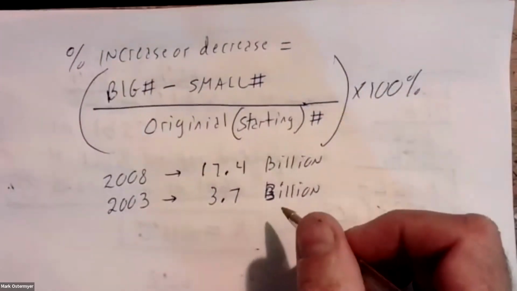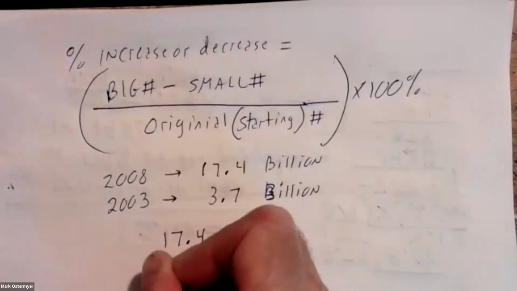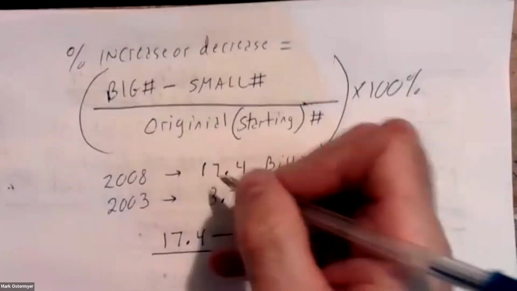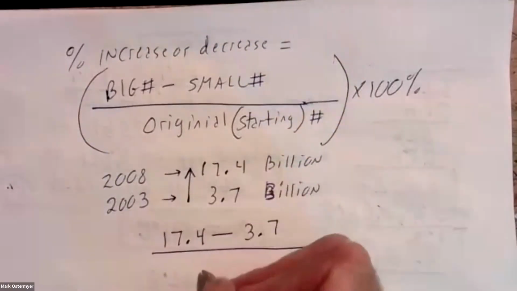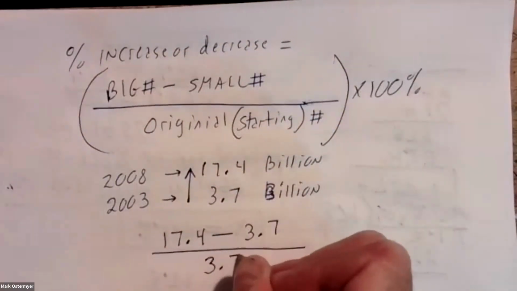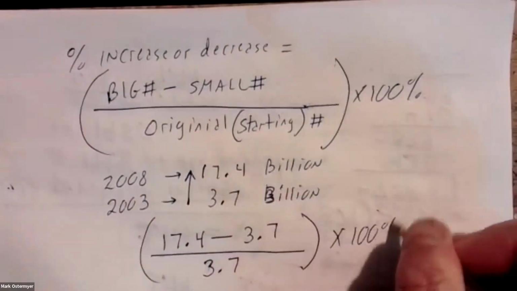What percent increase is that? So we take the big number. What's the big number? 17.4. Yes. Minus the small number, 3.7. What's the starting number? We went from 3.7 to what? 17.4. So our starting, original number is 3.7. And then you multiply this by 100%, and you'll have the percent increase.